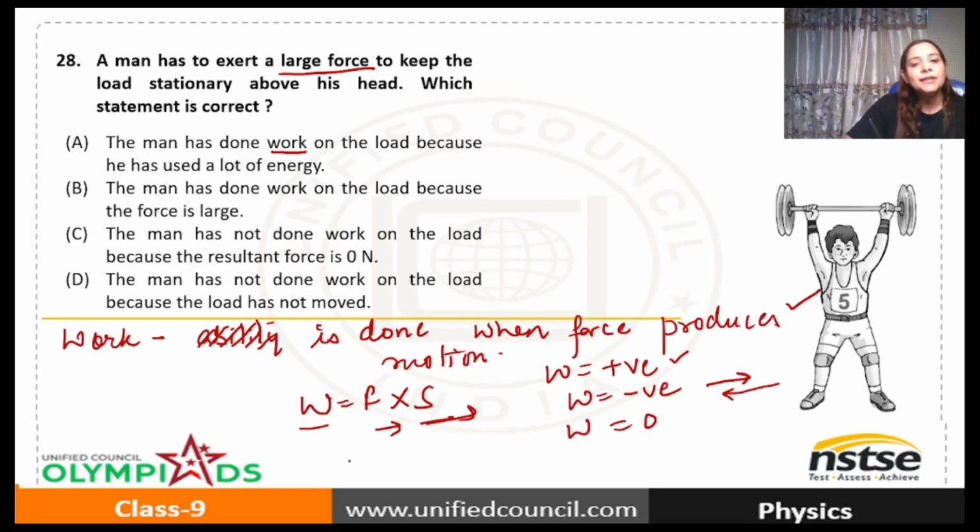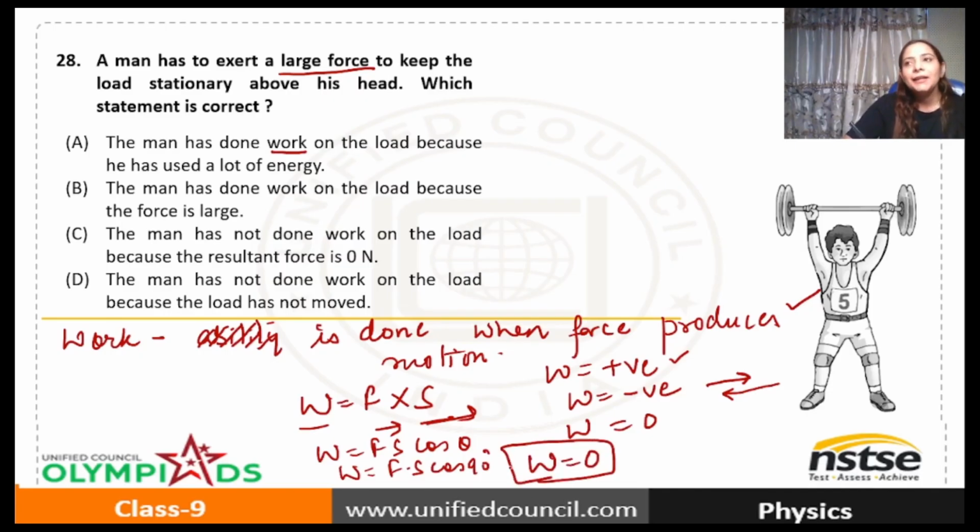And zero work is done because the expression can be written as Fs cos theta also. So work done is 0 when the angle that the body's movement makes with the direction of the force applied is 90 degrees. So here in this case cos 90 is 0. So work done is said to be 0.